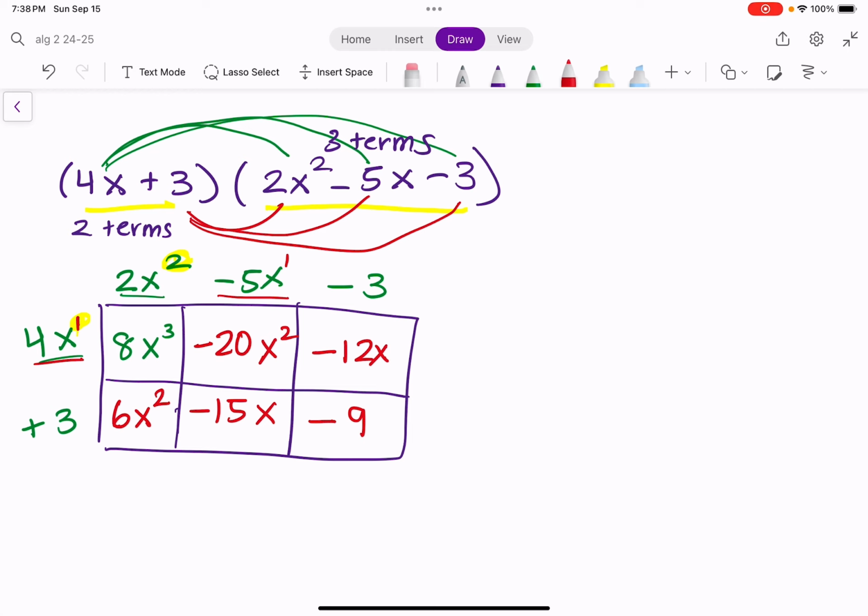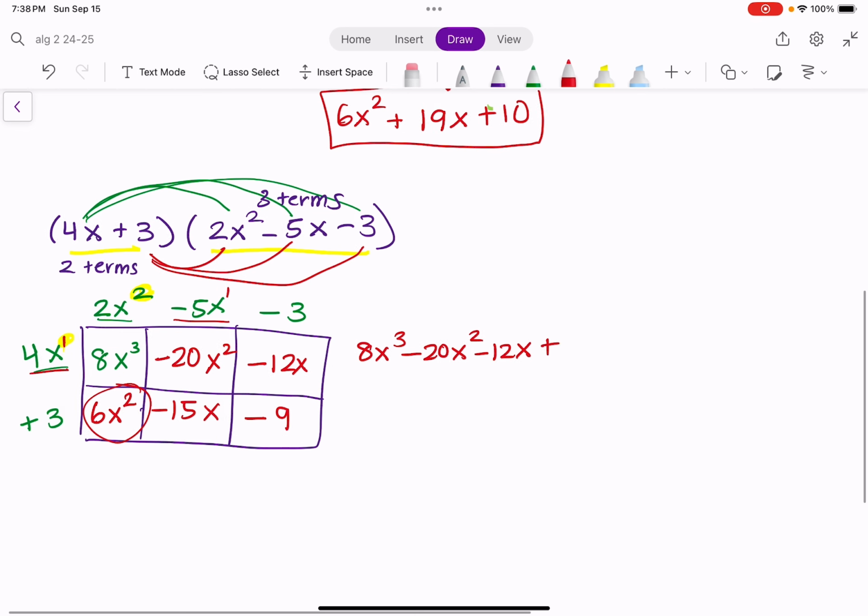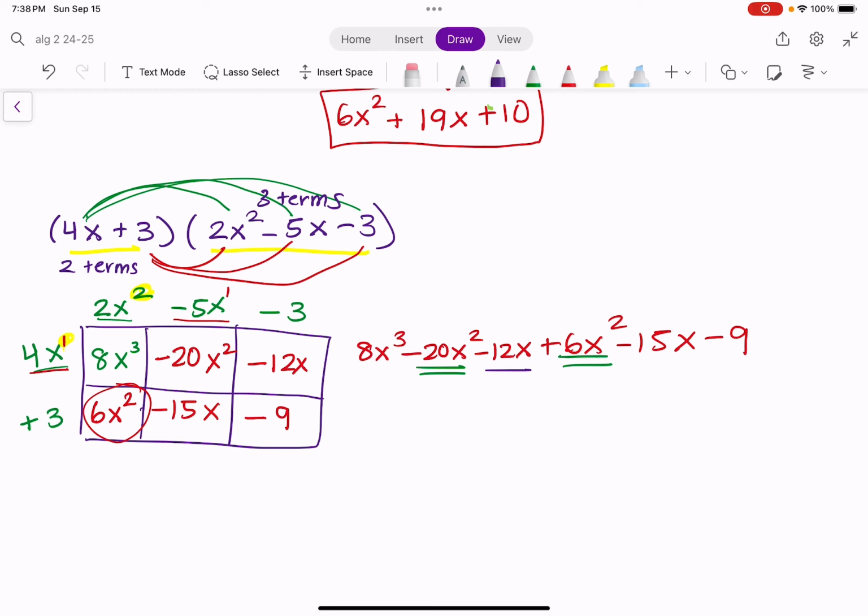Okay, so at this point, I'm going to write out everything next to each other. So I have 8x to the third minus 20x squared minus 12x. This is a positive 6x squared minus 15x minus 9. So now I need to look for like terms. So I have 2 there, and I have this over here, the x's.